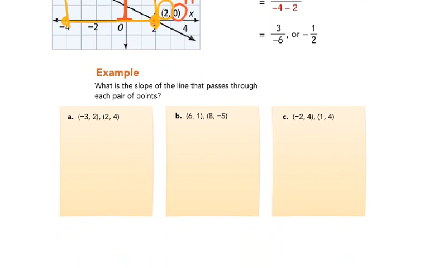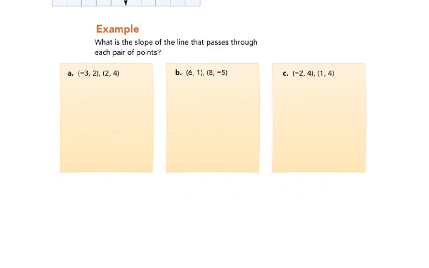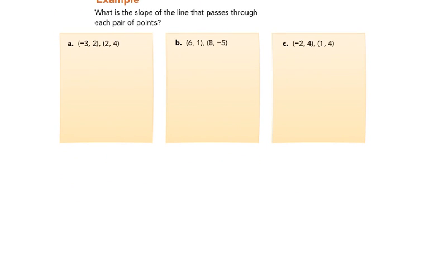What is the slope of the line that passes through each pair of points? So you must do this. You must, above each point, put x1, y1 and x2, y2.